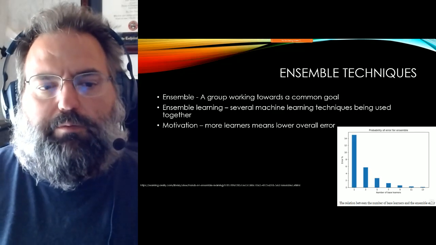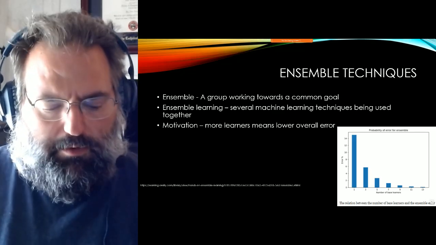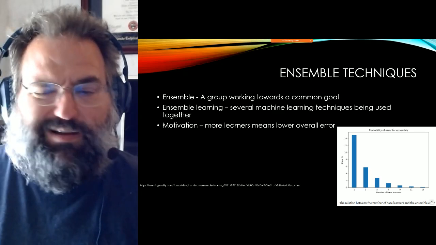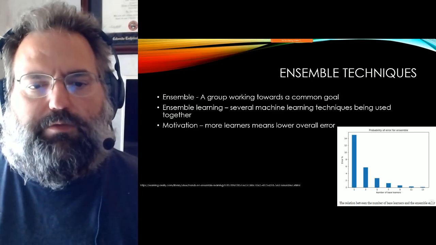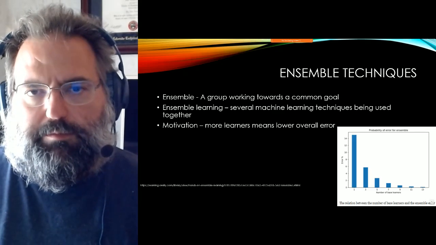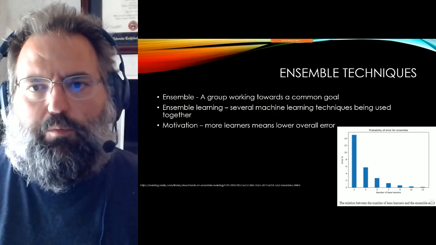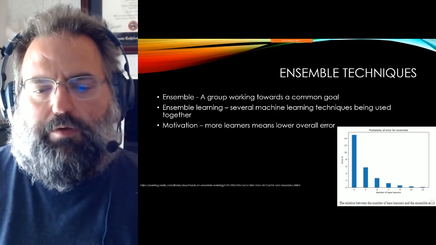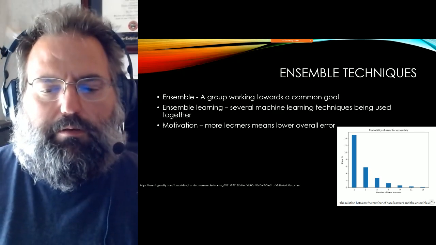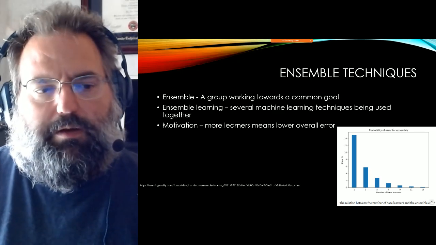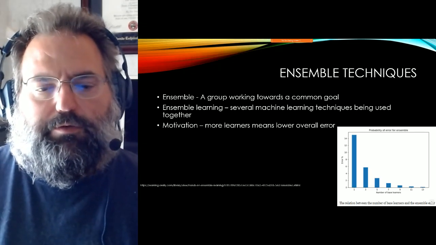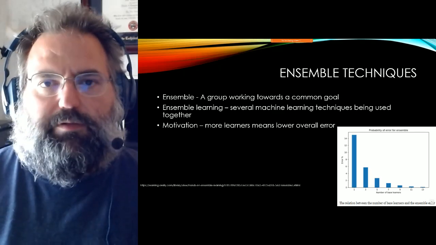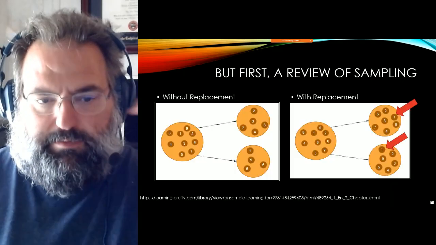Ensemble learning is whenever that goal is to learn and to be able to do some sort of quasi intelligent, even potentially modeling of the data, and being able to use multiple techniques together in a way that makes them stronger. The reason is that the more learners you have, the lower the ensemble error. And the basic idea is that you increase them so that collectively they are smarter.